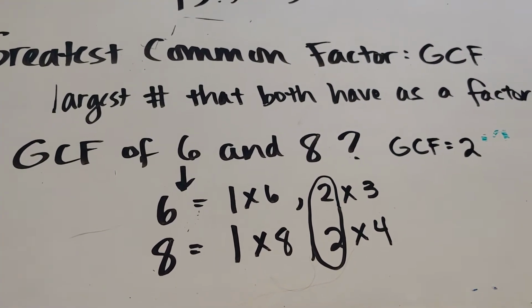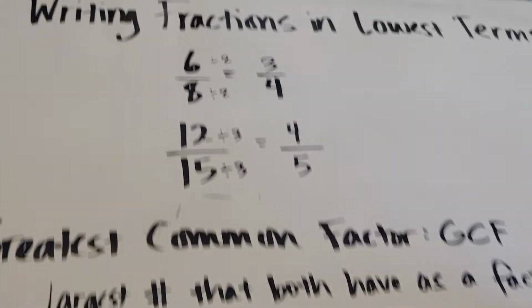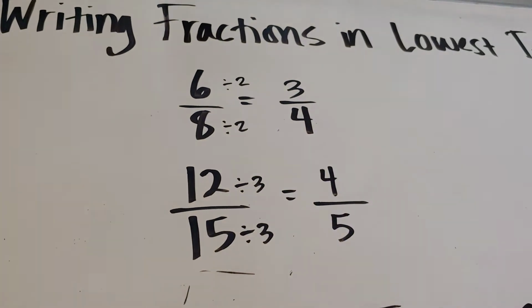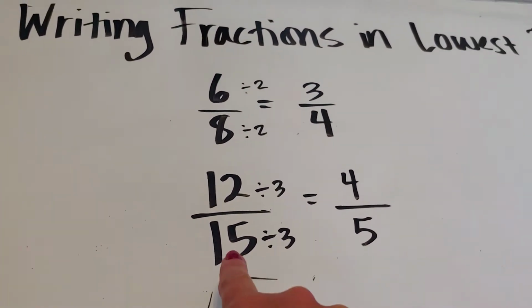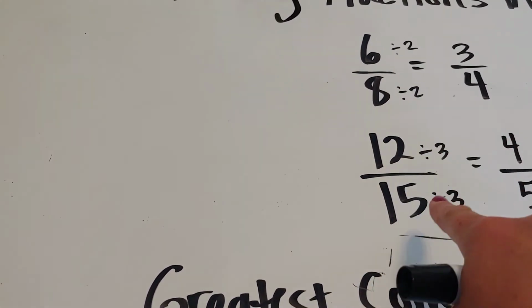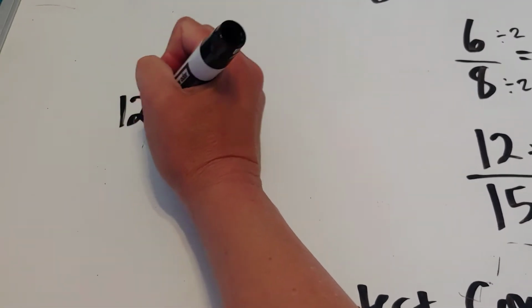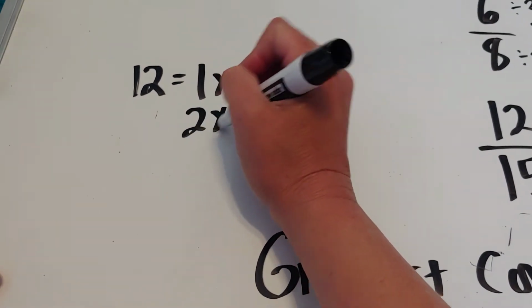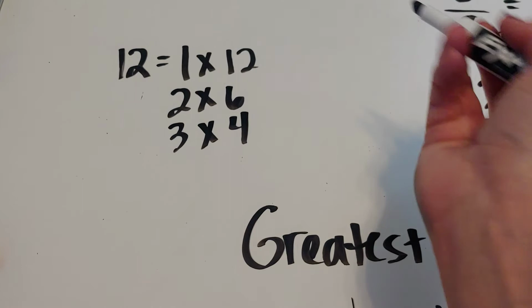All right. So once we find the GCF of 2 numbers, then we can do this. So let's go ahead and practice a harder one. Or, we can honestly do 12 and 15. So let's show how the GCF of 12 and 15 is 3. So all pairs of numbers that multiply to 12 are 1 and 12, 2 and 6, 3 and 4, and that's it.